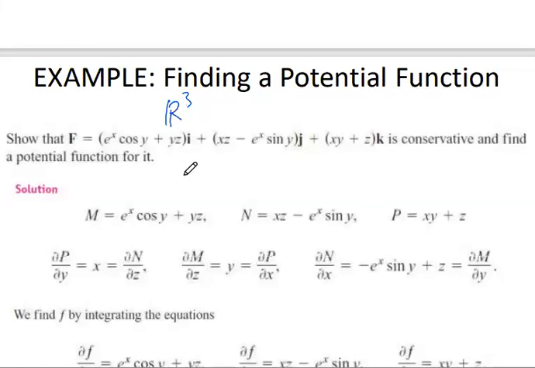And if you show the curl of f, or if you show f is irrotational everywhere, then you can say there exists, then this is equal to the gradient of some function, I will say f.